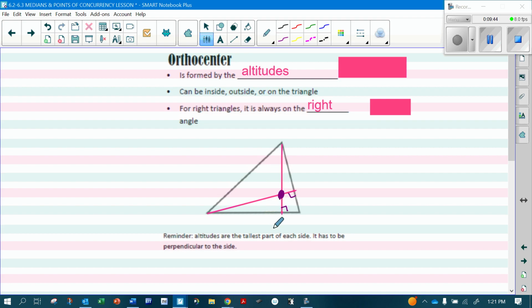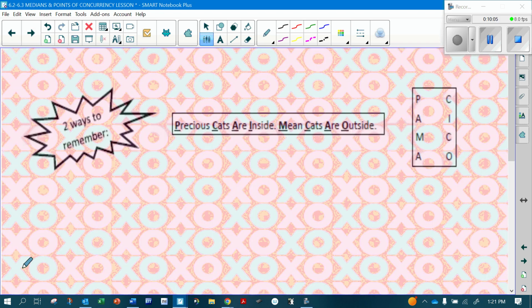And remember, altitudes, they're the tallest part of each side. And it has to be perpendicular to the opposite side. So if I were to draw the third one in here, so if you went to your corner and you drew a line that was perpendicular, if you'll notice, even eyeballing it, I still got pretty stinking close. Okay. All right. So now let's do some math problems with this.